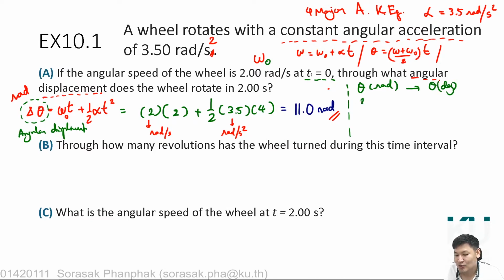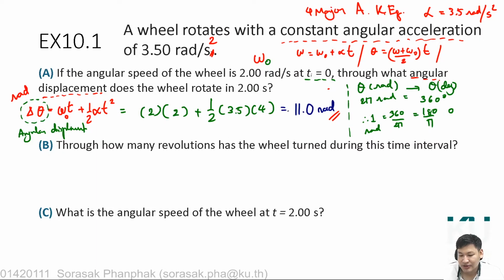Since you know that 2 pi radians equal to 360 degrees, 1 radian is 360 over 2 pi, or 180 over pi degrees. So you can multiply it with 180 over pi. Now I will clear this space again. So you have 11 radians, multiply with 180 and divide by pi.